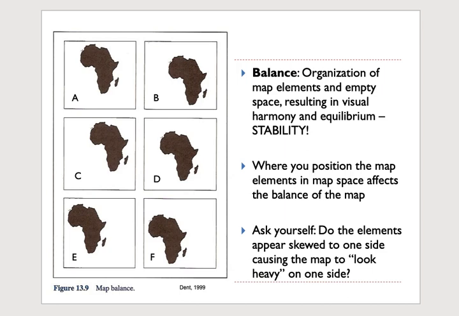Ask yourself, do the elements appear skewed to one side, causing the map to look heavy on one side? So we could see here that A is balanced, whereas F, we could see it's more to the side.